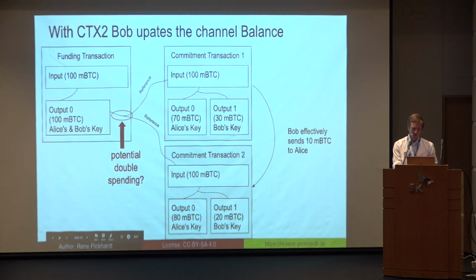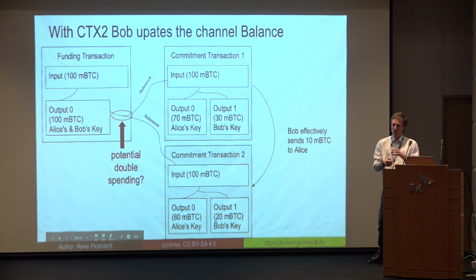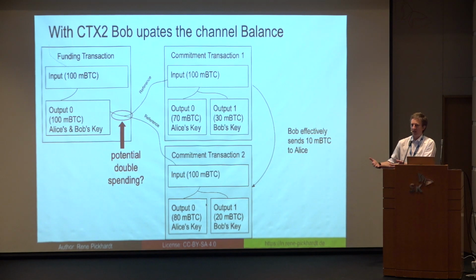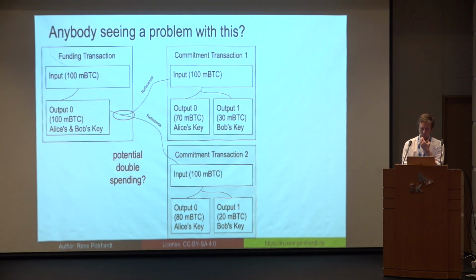Bob effectively sends Alice the funds by changing the IOUs. He signs this new transaction, and then Alice takes it, signs it as well, and now we have an updated IOU state, right? So now Alice has 80 and Bob has 20, right? And now they can again execute it at any time. And this is a commitment transaction too.